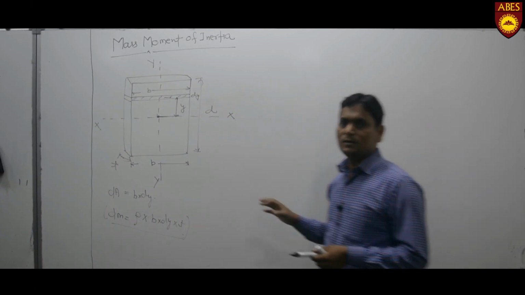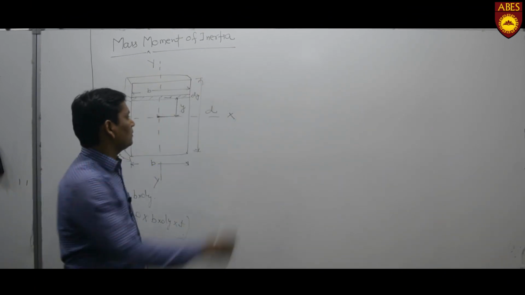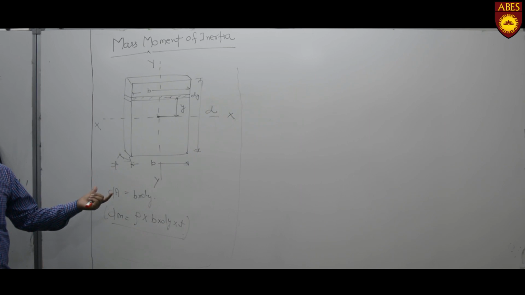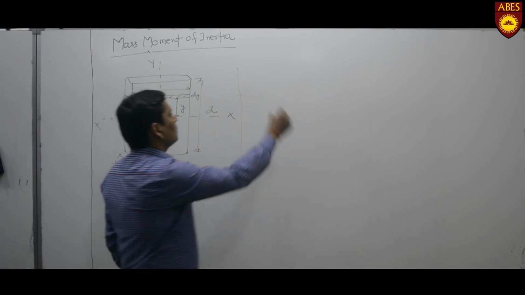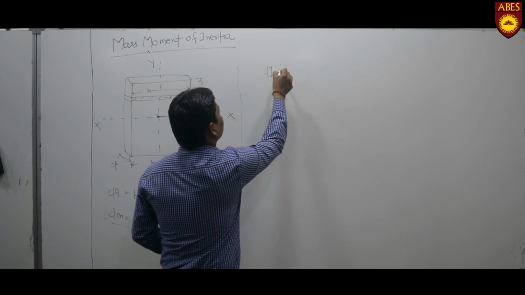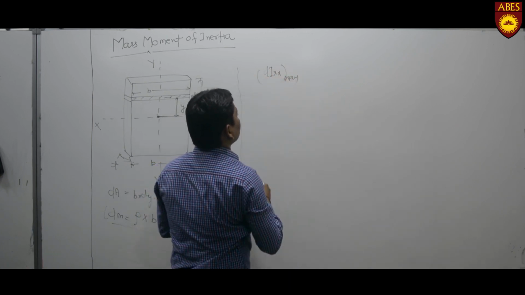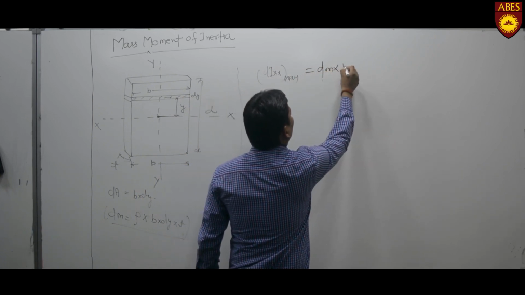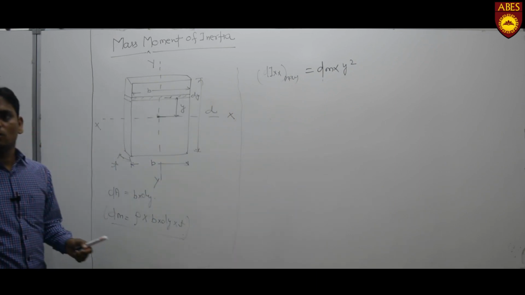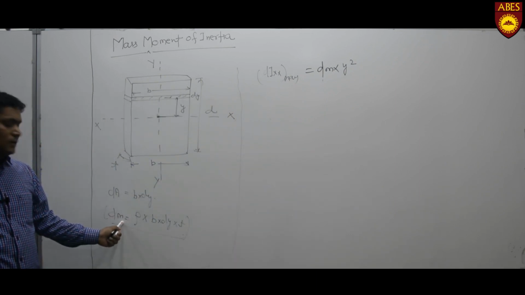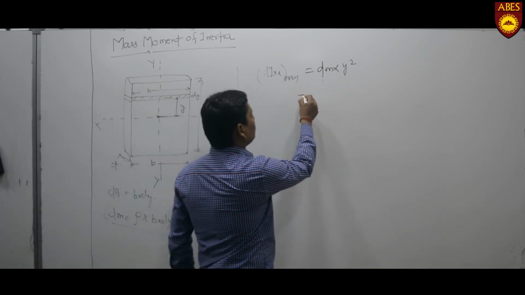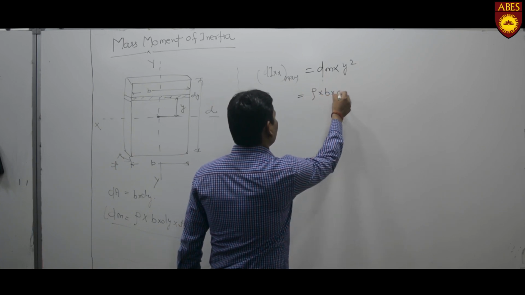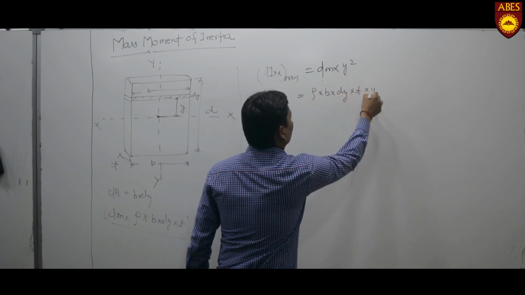The x axis is the centroidal axis. Then we can write the mass moment of inertia of this strip as dIxx mass equal to dm into y square. We have already calculated the mass of the strip, and putting the value of mass in the above equation, it will be rho into b into dy into t into y square.